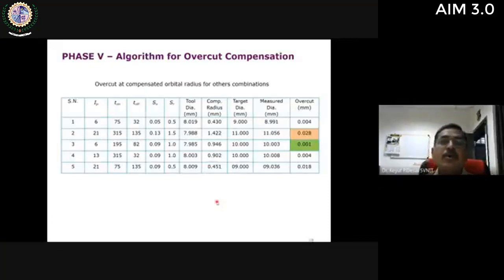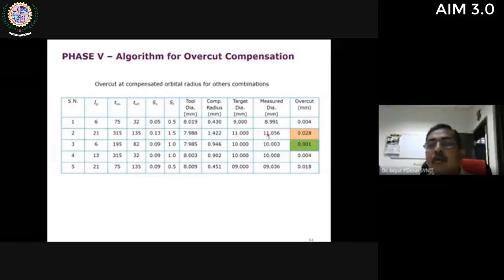So overcut at compensated orbital radius, for this combination, you can see it is very close, 0.001 and 0.028. How we can adjust the tool diameter, how we can compensate the radius, what will be the target diameter, and what will be the measured diameter.